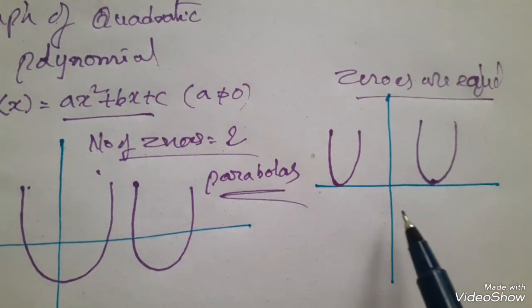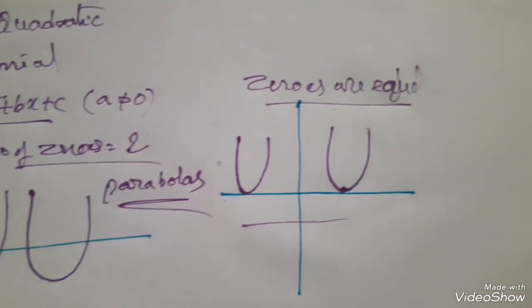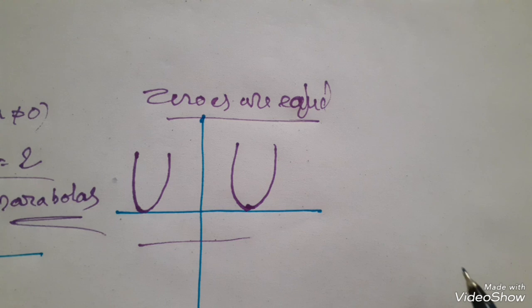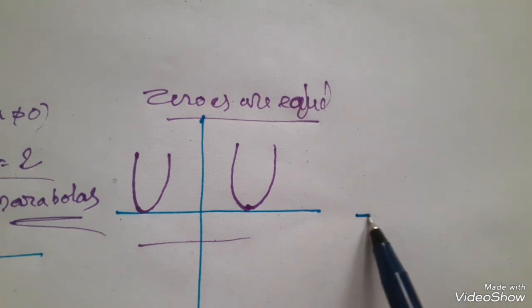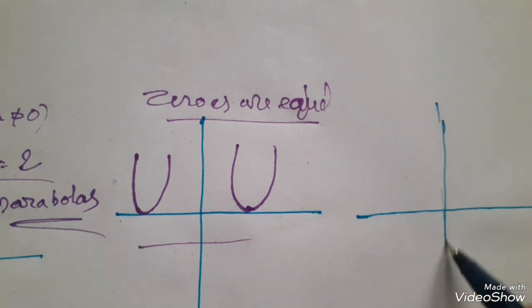We get the graph then like this. So when there are no zeros, then the graph will come like this.